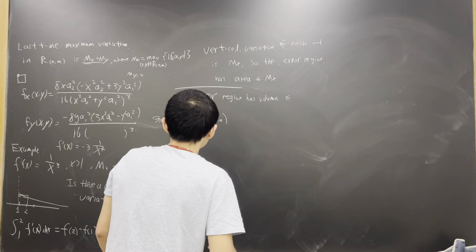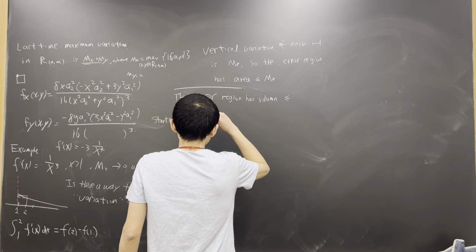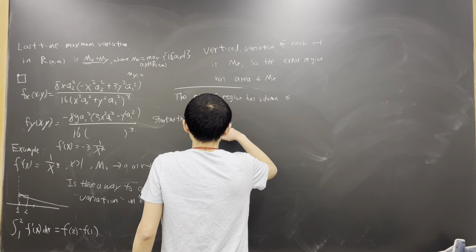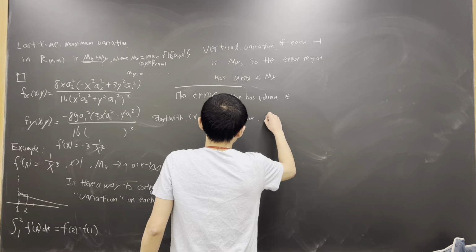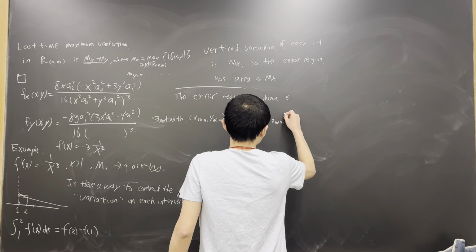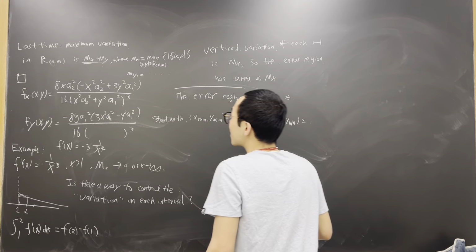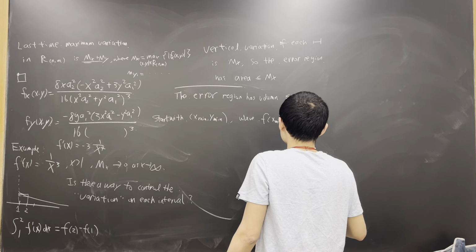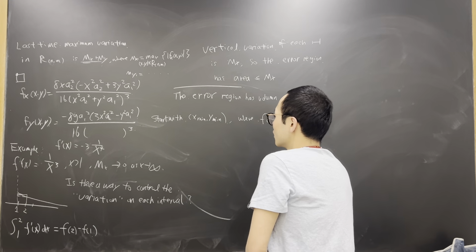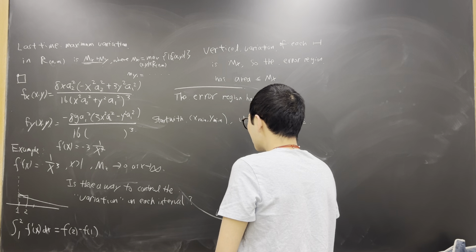Then this point has the lowest value, right? f of x min, y min is less than or equal to... So what do I mean by lowest value?